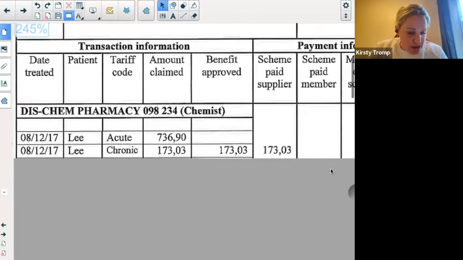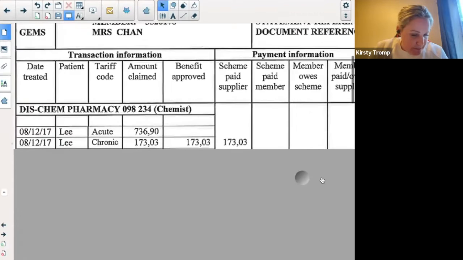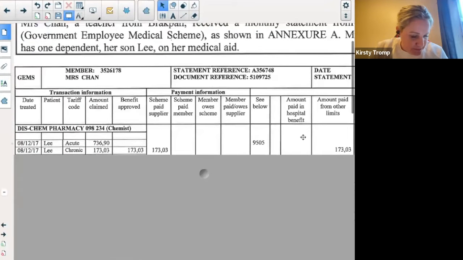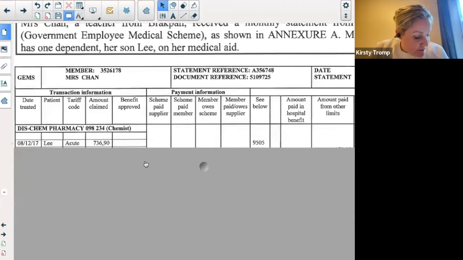So in other words, if we make this a little bit bigger, the very first one, we see that this 736 Rand 90 didn't have anything being approved. There was nothing being paid by the supplier. It didn't say anything that was paid to the member.